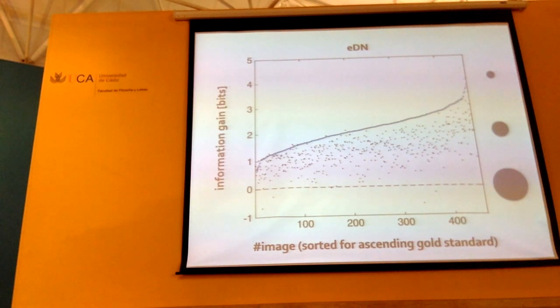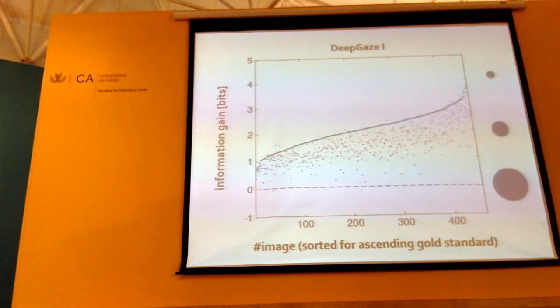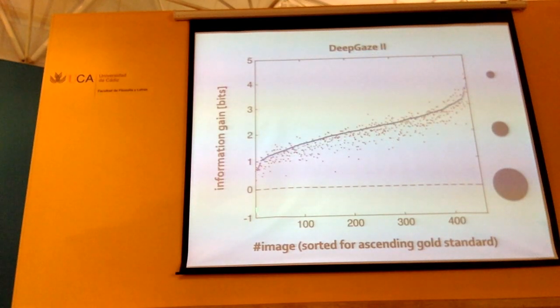And these black dots show the information gain of the ensemble of deep neural networks model, which didn't use this transfer learning. And now these are the information gains of deep case 1, and this is how it looks for deep case 2.